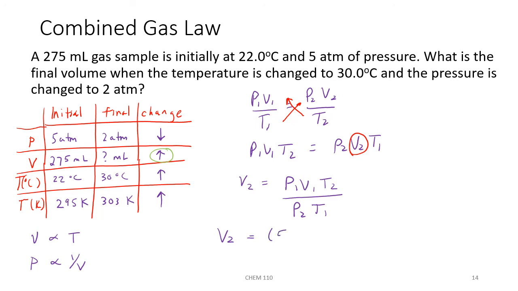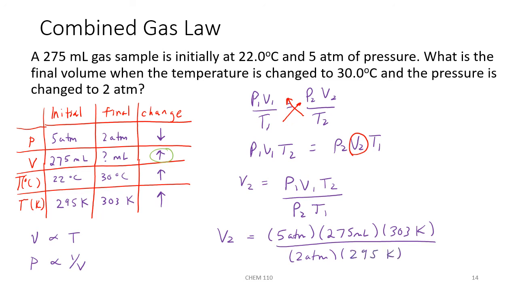Pressure 1 is 5 atmospheres. Volume 1 is 275 milliliters. Temperature 2 in Kelvin, 303 Kelvin, divided by pressure 2, which is 2 atm, times temperature 1 in Kelvin, 295 Kelvin.